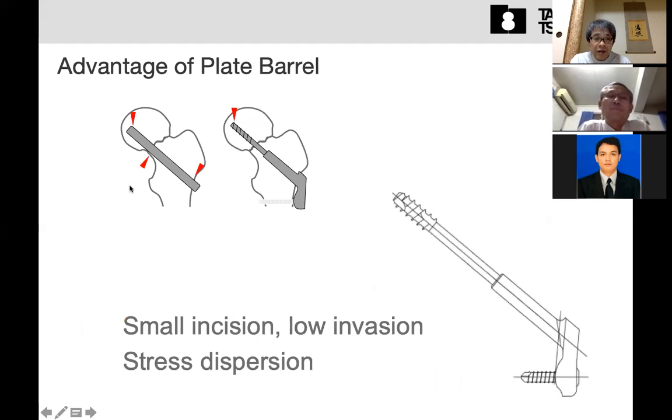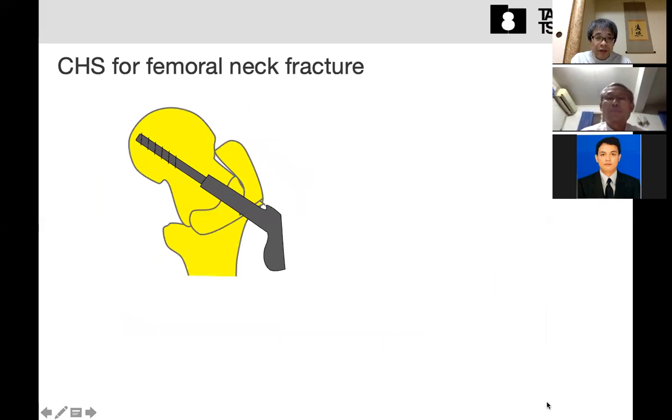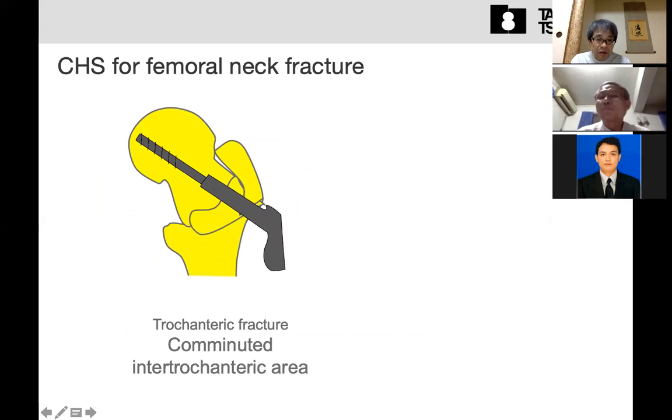So instead of the three-point fixation, if we add the side plate, we can get varus stability easily. As I said before, using the CHS for the femoral neck fracture is very, very difficult.